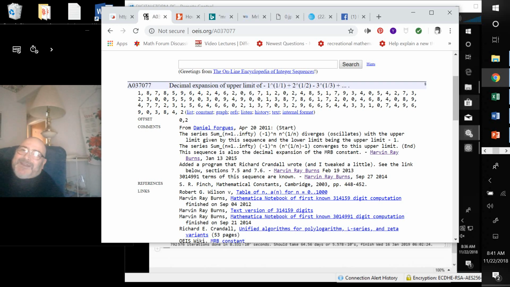That's what I tried to say previously. So if you look up the MRB constant on a search engine, this will be one of the links.